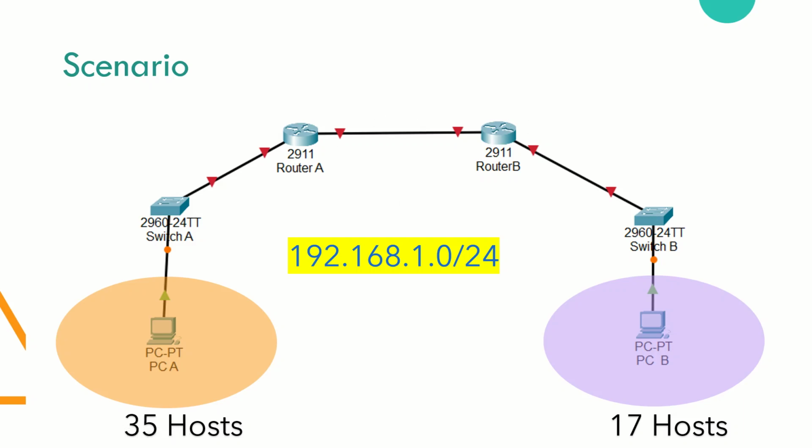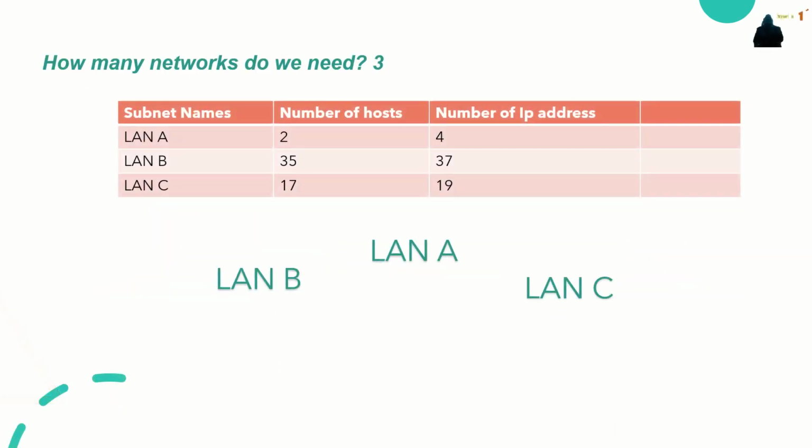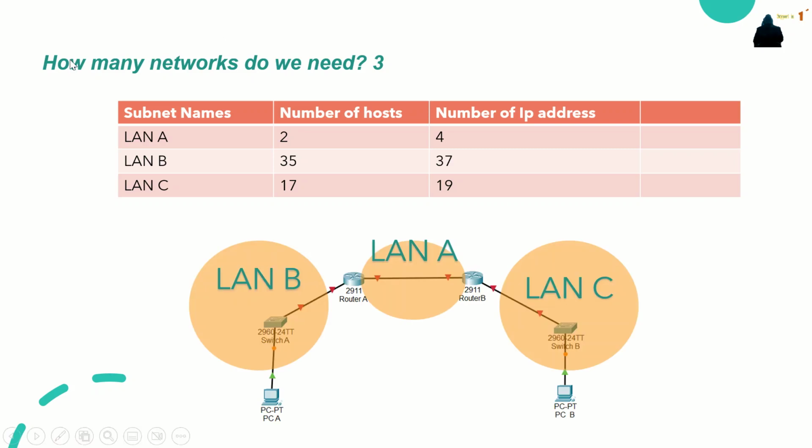First, I should say how many networks I need. You need three networks here. Why? Because for this port of router, this side you need one network, and between two routers also you need to have one network, and also in the other side of this router, router A, you need also another.